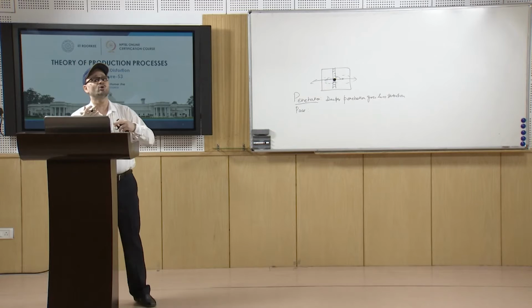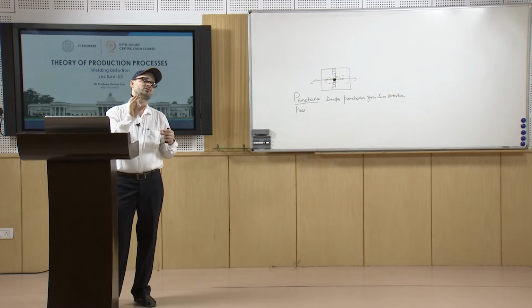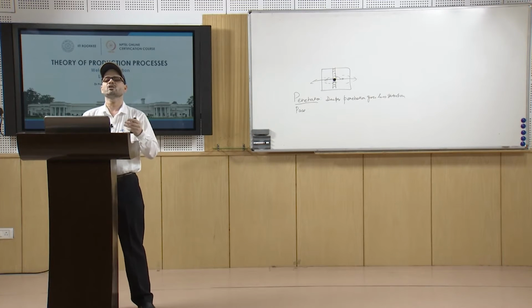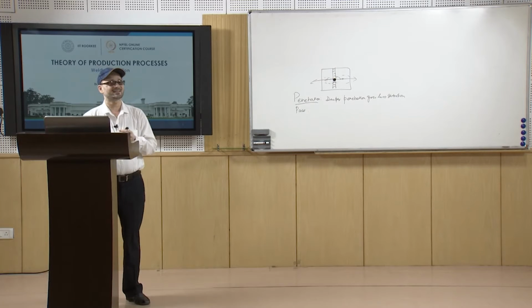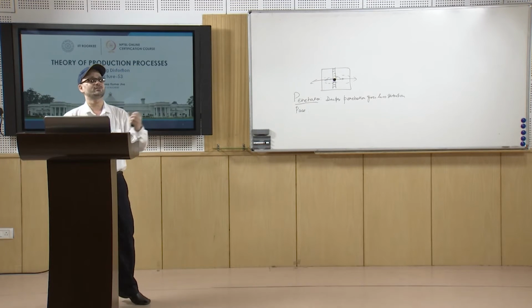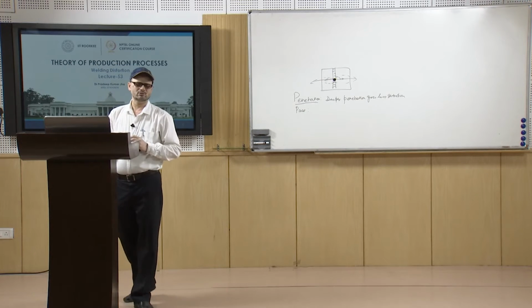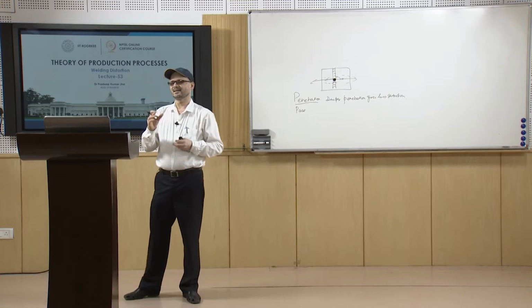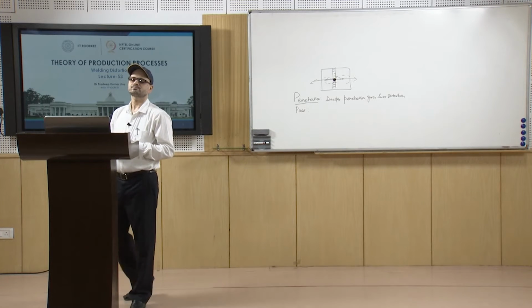If it is more, the longitudinal shrinkage will be more, and if the restraining cross section is more, the longitudinal shrinkage will be less in the case of fillet welds. So, that is how you calculate the longitudinal shrinkage in the case of butt and fillet welds.